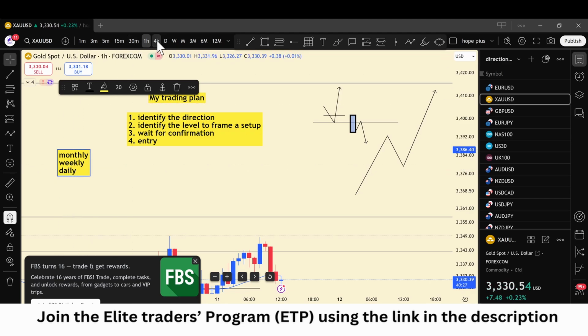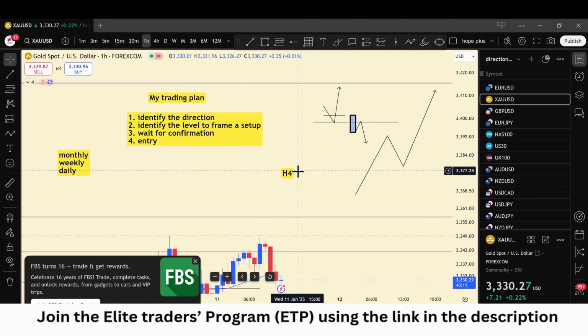And if the daily is bullish or bearish, I tend to look at the H4 for my frame time frame, to enter the trade.